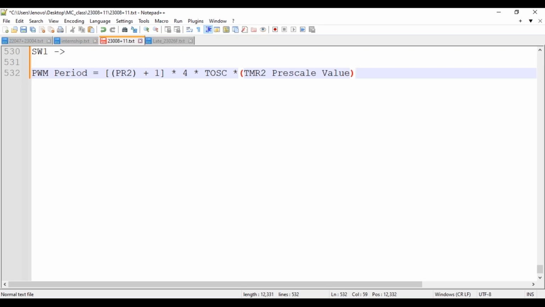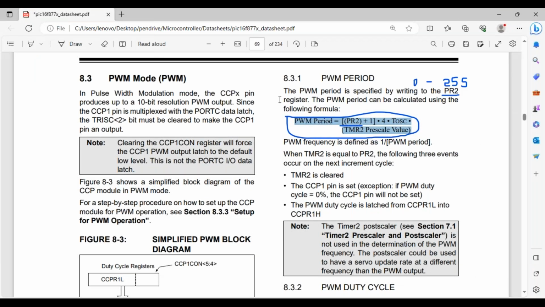The only timer which supports generation of a modulated waveform is the Timer 2 module. We have three timers in our microcontroller, but it's only Timer 2 which is being used. That depends on the configuration of the microcontroller. So in case of our microcontroller, for the required period, I have to write it into the PR2 register.